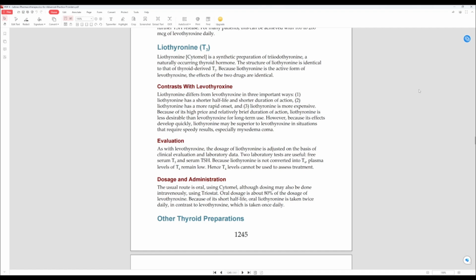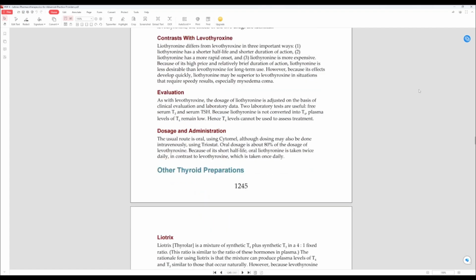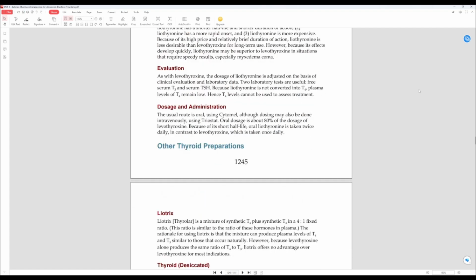However, because its effects develop quickly, liothyronine may be superior to levothyroxine in situations that require speedy results, especially with myxedema comas. In its evaluation, as with levothyroxine, the dosage of liothyronine is adjusted on the basis of clinical evaluation and laboratory data.